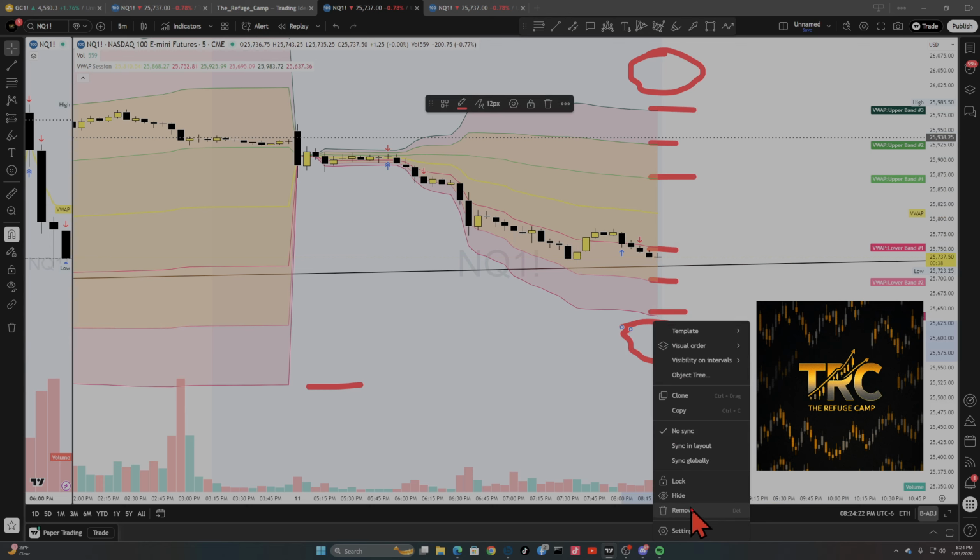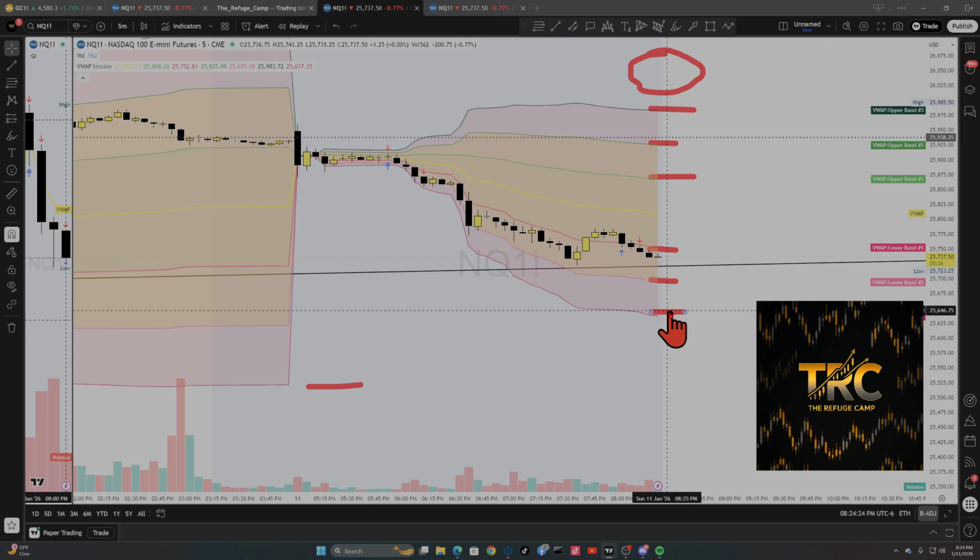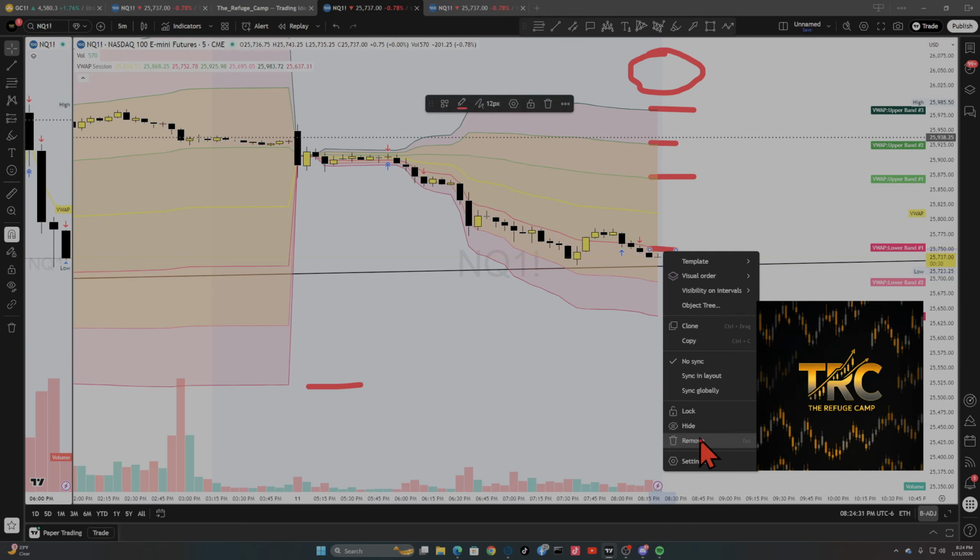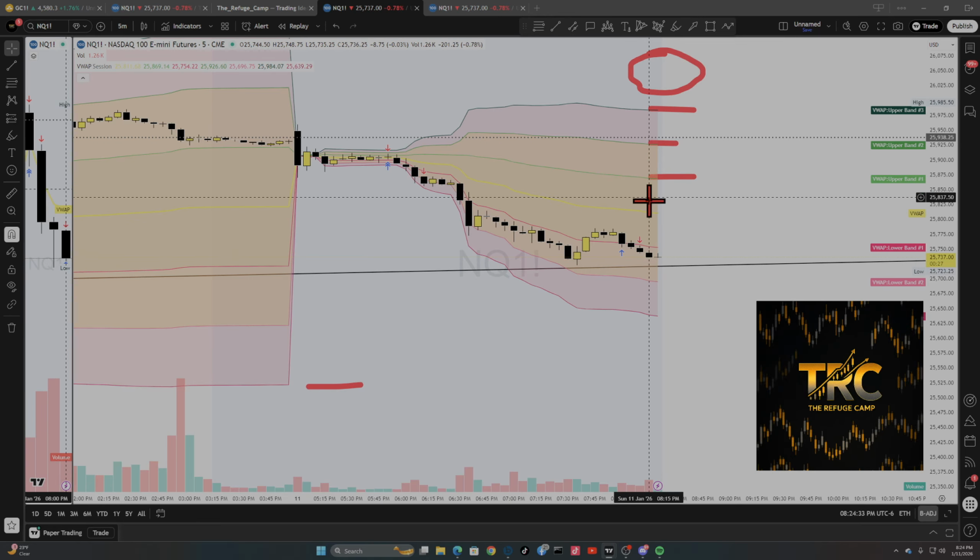Now, the way I trade this is very, very simple. Okay? I wait for a break and a retest of VWAP. Whether I'm trading long or short doesn't matter. If price breaks through VWAP and retests and holds, I am taking a long entry position, and my first target is going to be that first or second band.